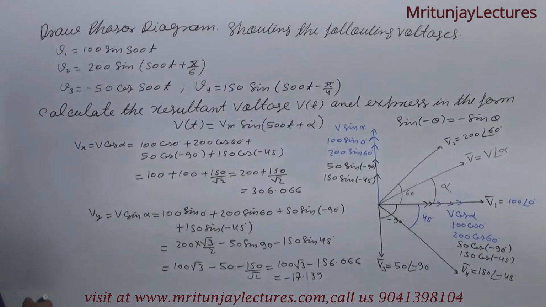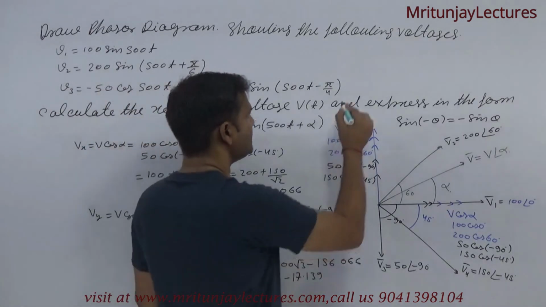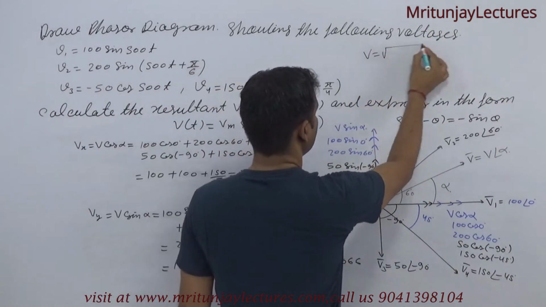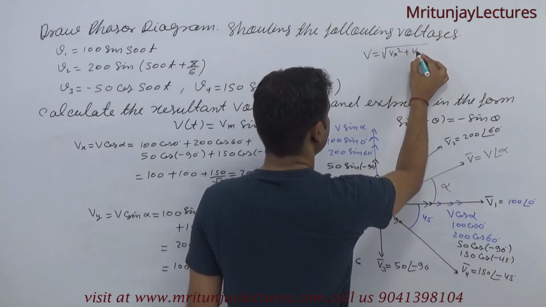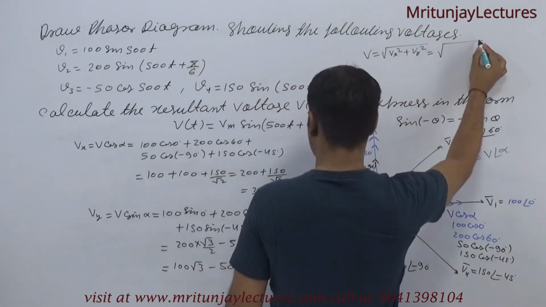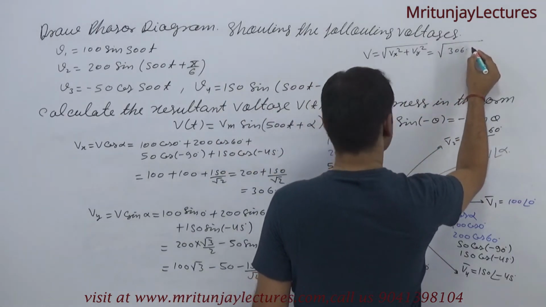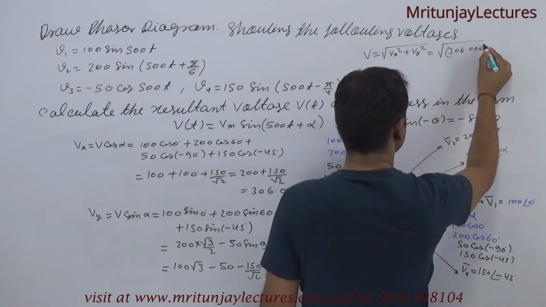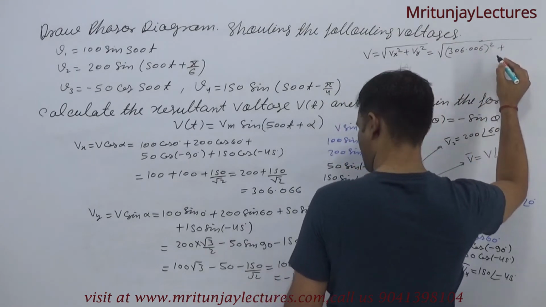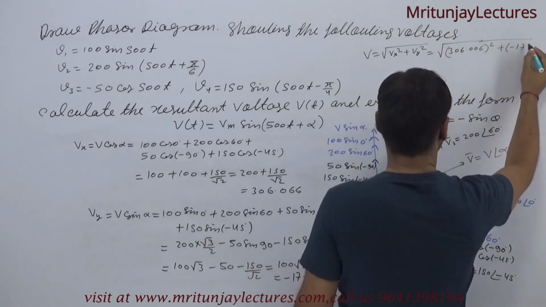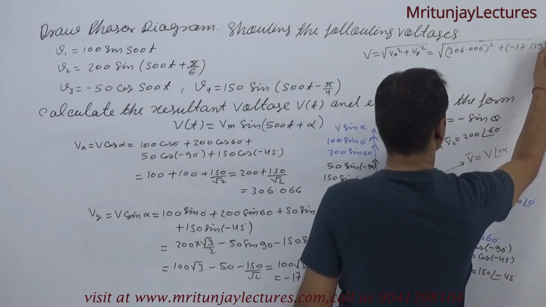Now what about the resultant? Resultant is V, this is equal to under root of Vx square plus Vy square. So what about Vx? Vx is 306.006 to the whole square, and plus 17.139 to the whole square.